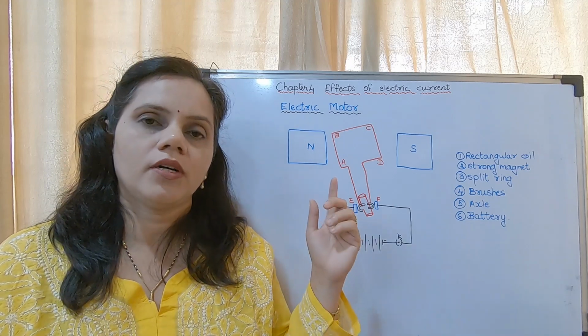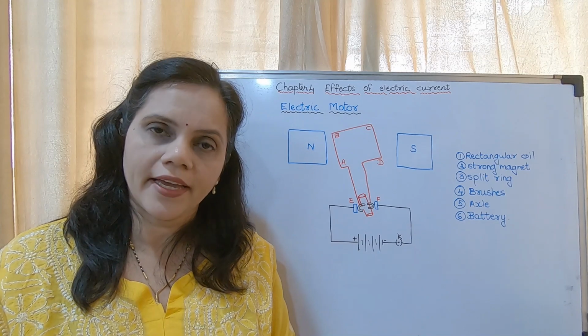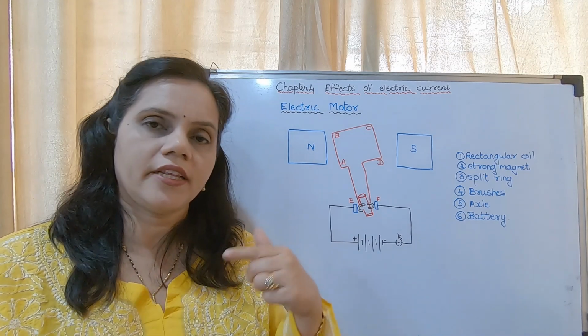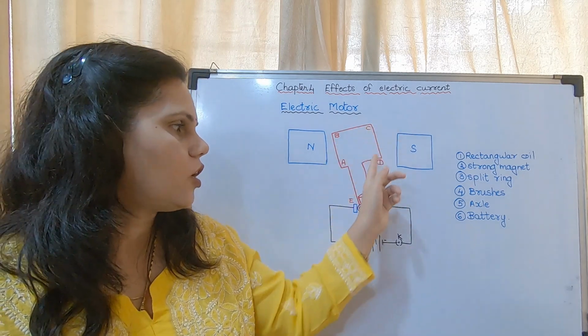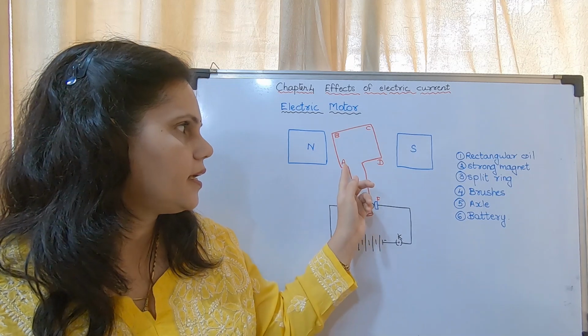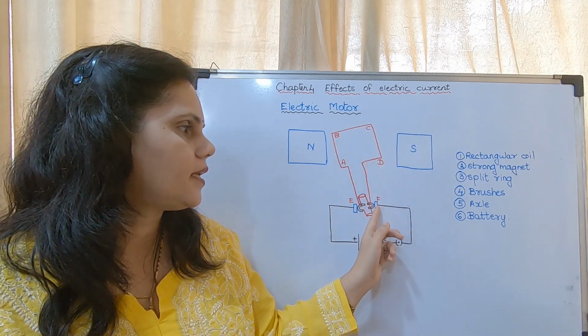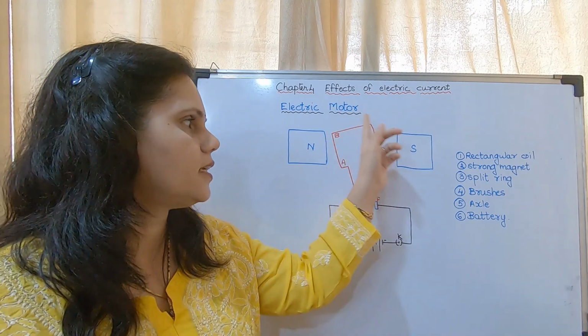Now the rectangular coil consists of an insulated wire which is wound in the form of a coil. Here this is the coil. It starts from E, then A, then B, then C and D, and then connected to split ring. So this is the coil.